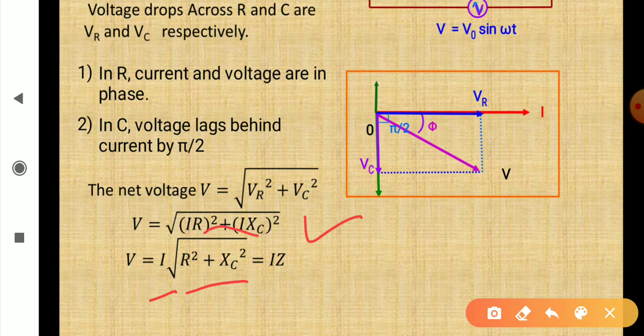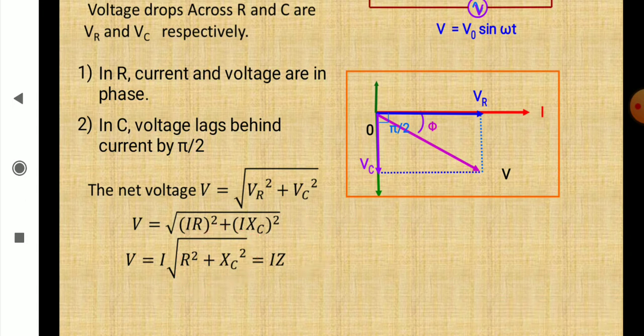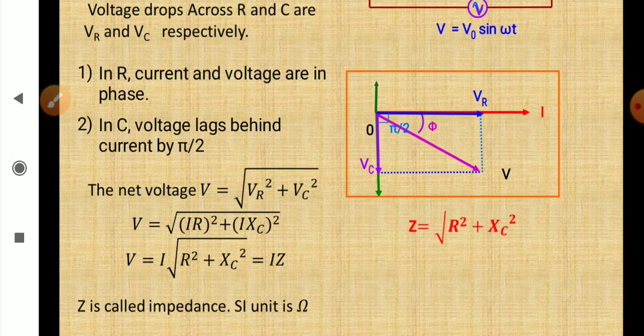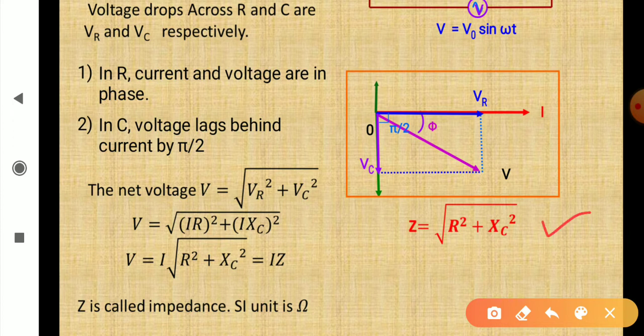Now this quantity inside the under root behaves like resistance, and its name is impedance. So this Z is called impedance. Its SI unit is ohm, and the relation for this Z is under root R square plus XC square.